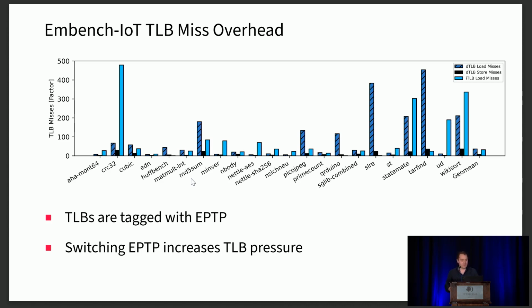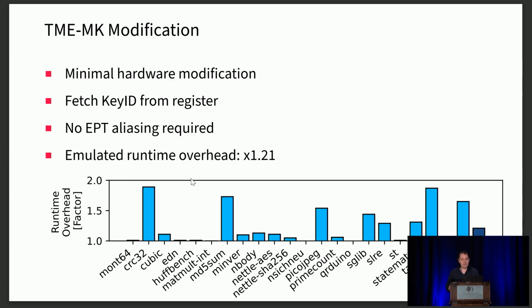Well, what we found out is that we are massively increasing the pressure on the TLB, which means that the positive effect of the TLB is not as visible as it should be. Therefore, we propose a minimal hardware modification of how the TME-MK engine works.